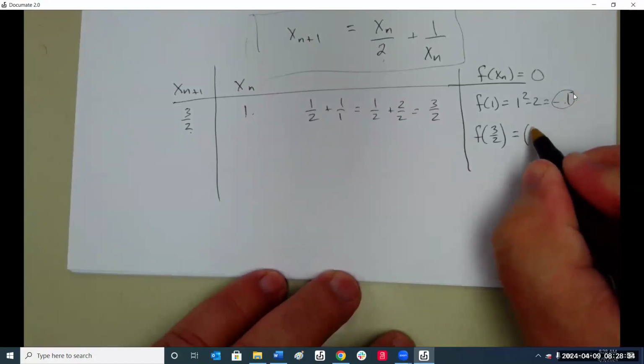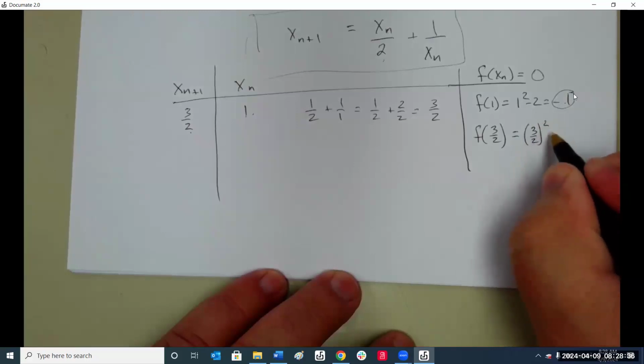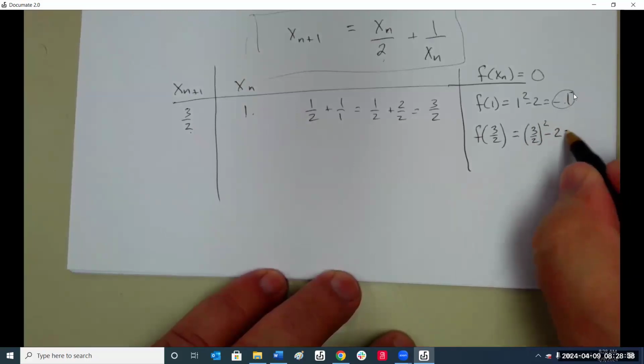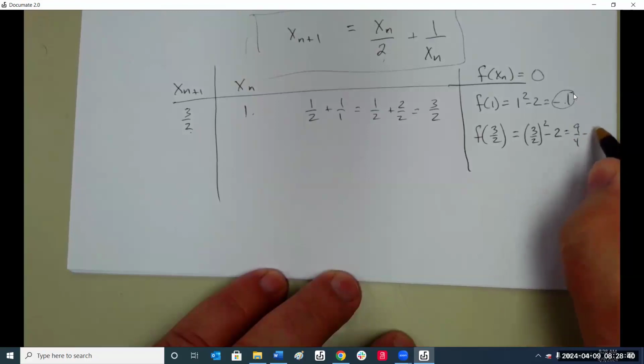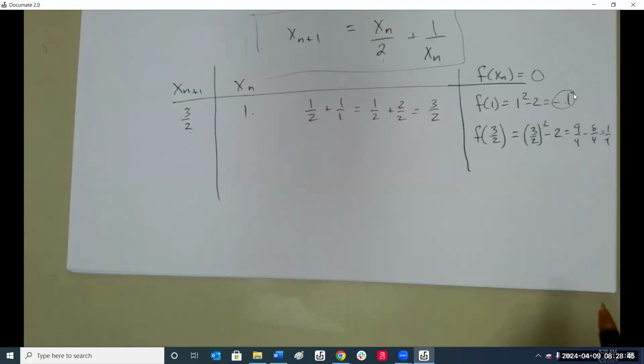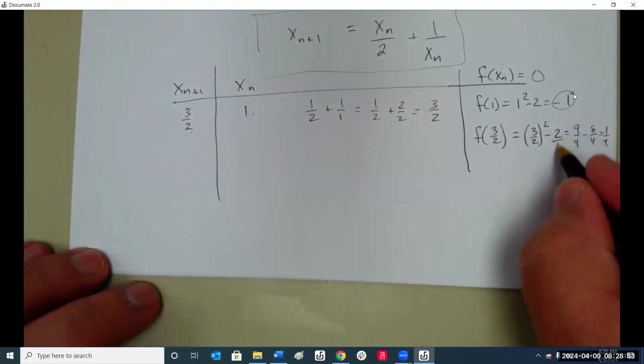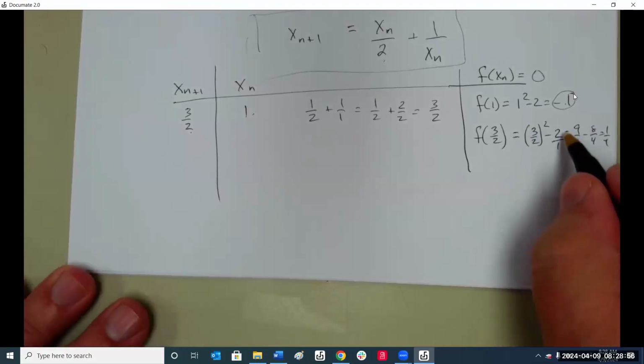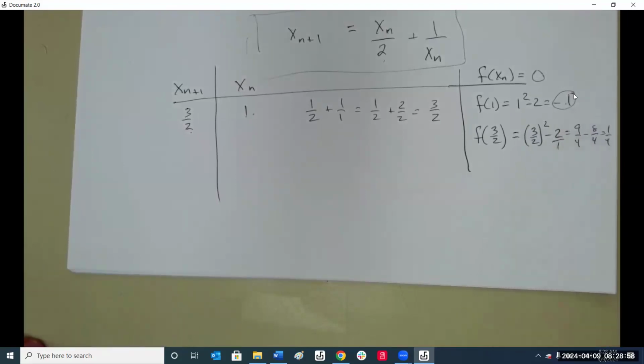So we get 3/2 squared minus 2. 9 over 4 minus 8 over 4 equals 1/4. Because this is 2 over 1, we need a common denominator, so I multiply by 4 over 4.